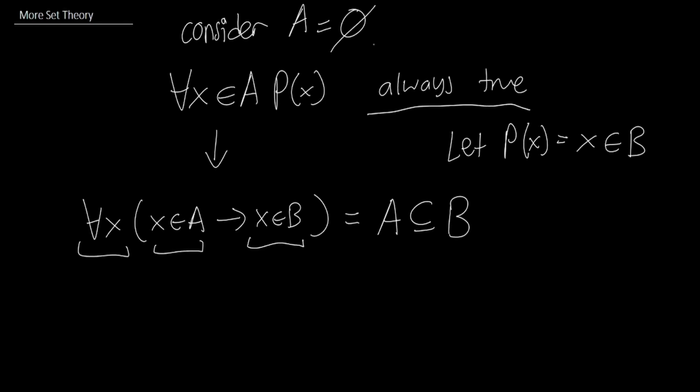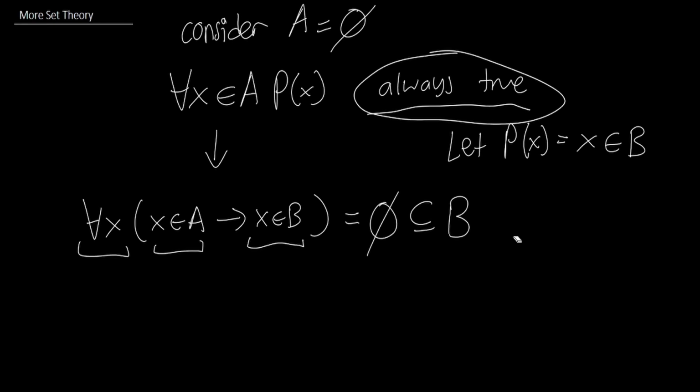So since A is the empty set, we can say that the empty set is always a subset of B. Now we didn't specify what the set B is, but we can assign any meaning to the set B. We can say that it's the set of numbers or the set of shapes or the set of whatever, and this will always be true because this does not depend on this proposition.